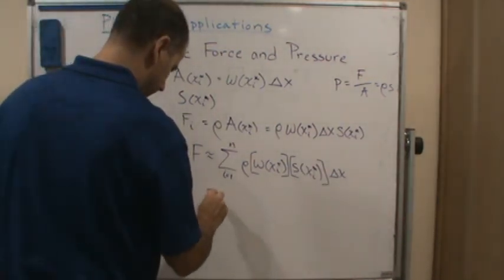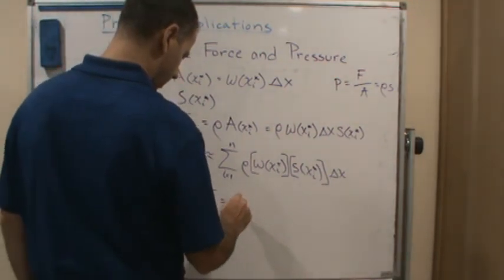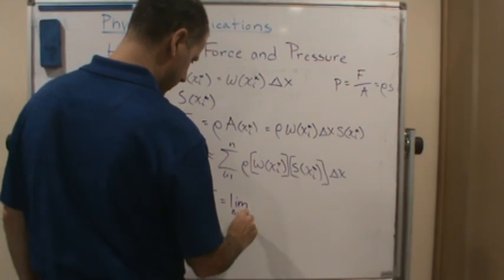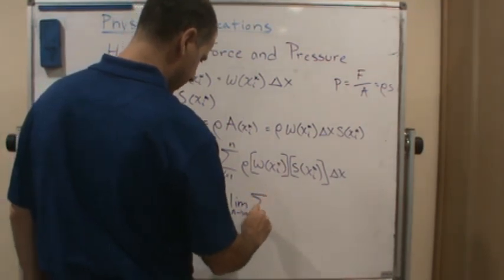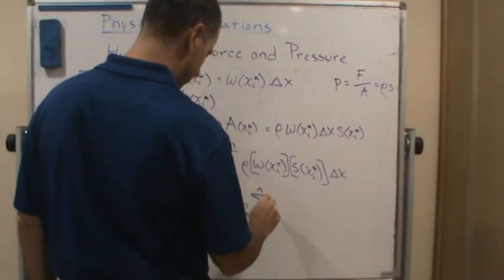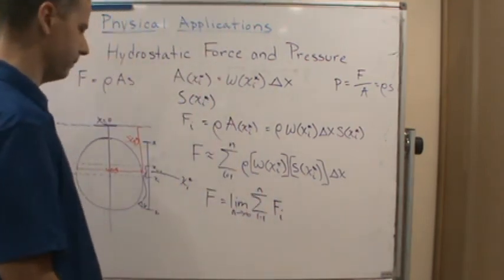So the exact force then becomes the limit as n approaches infinity of the summation as i goes from 1 to n of F sub i.